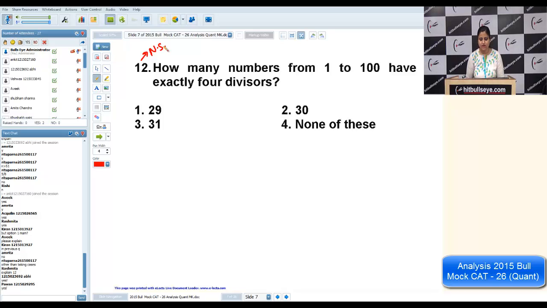Okay, let us see. How many numbers from 1 to 100 have exactly 4 divisors? Now, you need to know the formula for finding number of factors to solve this sum. As we know, if n is p raised to power a, q raised to power b, into r raised to power c, and so on, where I'm considering that p, q, r, they all are prime numbers.